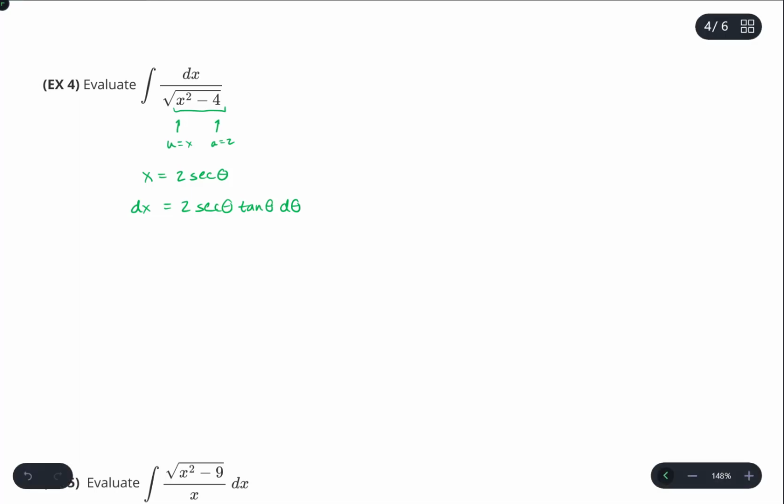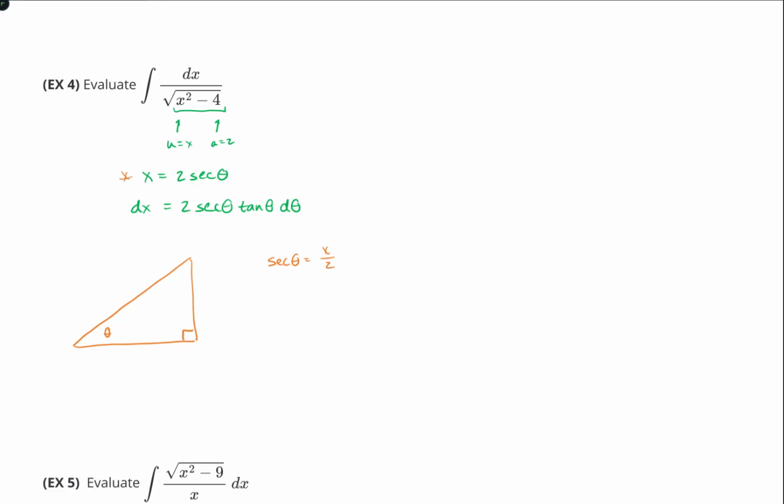Okay, now once we have chosen that substitution, I'm going to make a triangle here and say this is theta. Based off of this relationship right here, I know that secant theta is x over 2. Well, secant theta is the inverse of cosine. So cosine is the adjacent over the hypotenuse, so secant is the hypotenuse over the adjacent side.